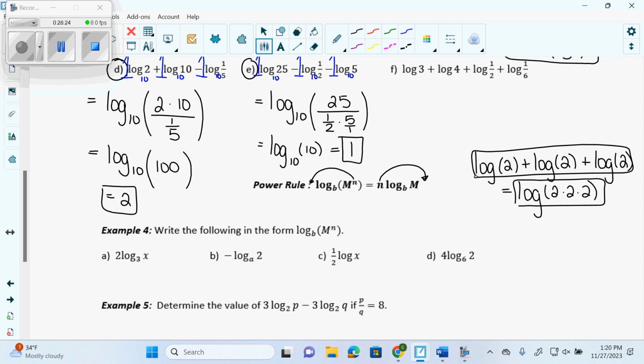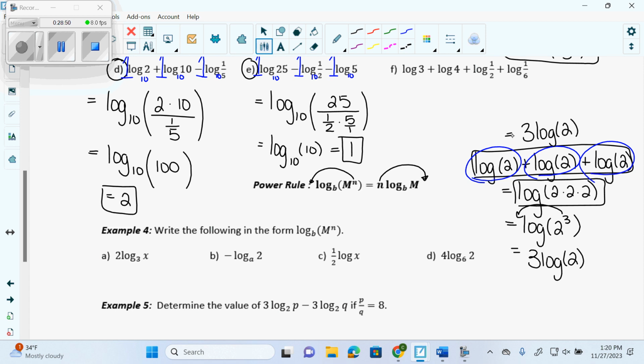We've already talked about this. Now this is the same as log base 2 to the 3, is it not? If I drop the 3 in front, that would be the same as 3 log base 2. What happens when I add a log base 2 plus a log base 2 plus a log base 2? What do I get? 3 log base 2s, don't I? So these are actually the same.